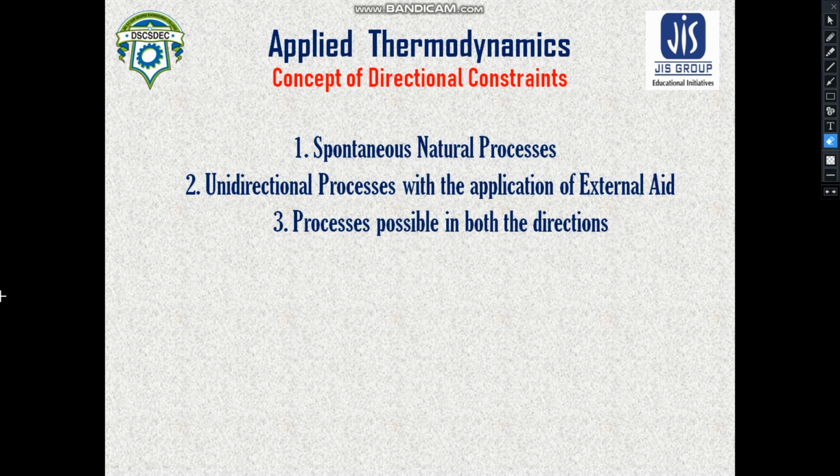And in all of these cases, there are some inbuilt directional constraints. So this process can occur in this single direction. And if we need the opposite one, then there will be some directional constraints involved in it. Like if we discuss the spontaneous processes, then we'll see we always need an external effect to make possible the opposite of the spontaneous processes.